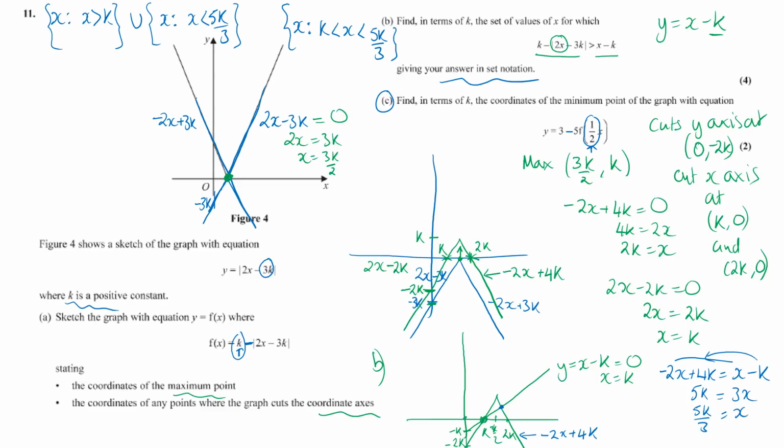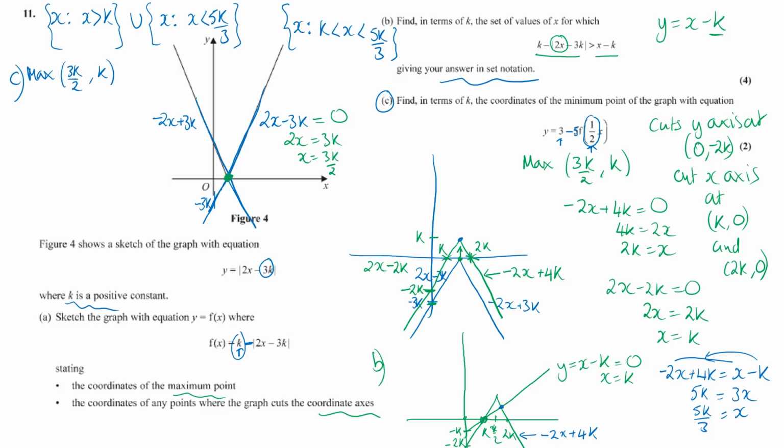We're timesing it by -5, which means instead of us having a max here, because of the minus, it's going to reflect back and come back down, and all the y coordinates are going to times by -5, and then finally we're going to shift it 3 places up, so it's all going to have the y coordinates going up by 3. So part C, the max is currently at 3k over 2, k.